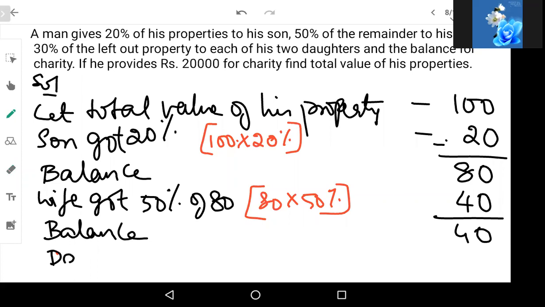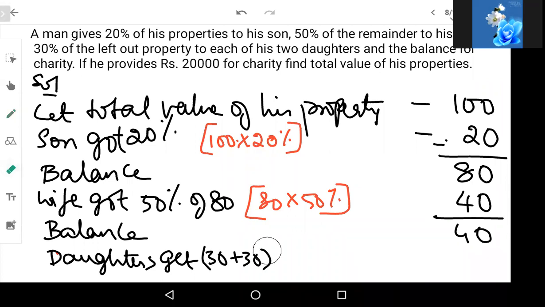So daughters get 30 plus 30, 60%. Each of them is getting 30%. So totally he is giving 60% of 40 to his daughters. Now, if you find out 60% of 40, how much do you get?